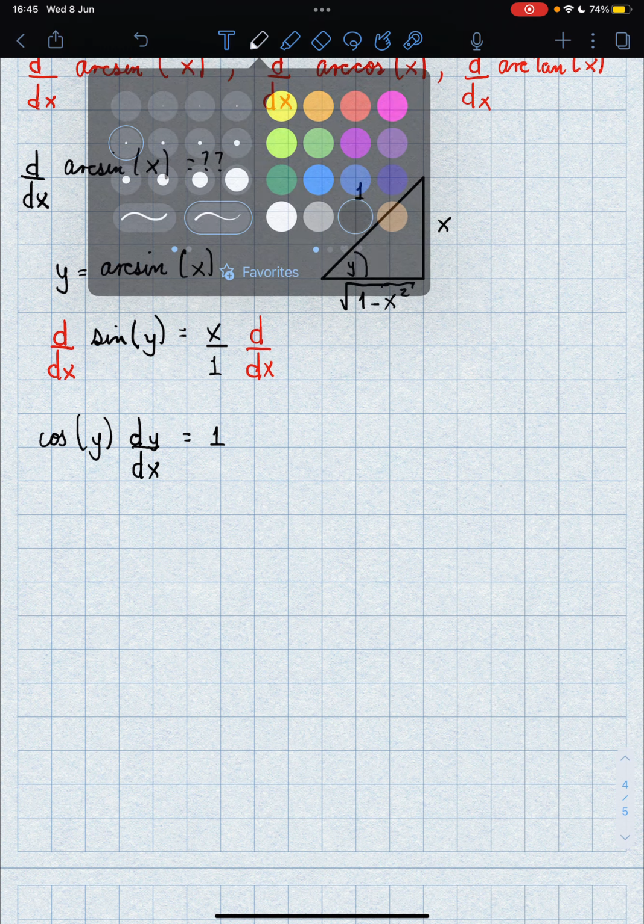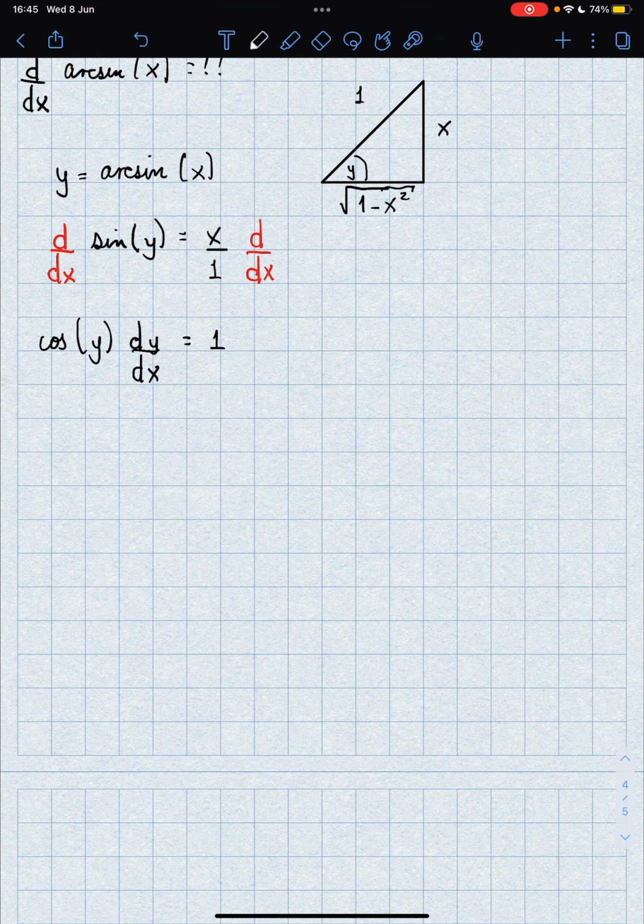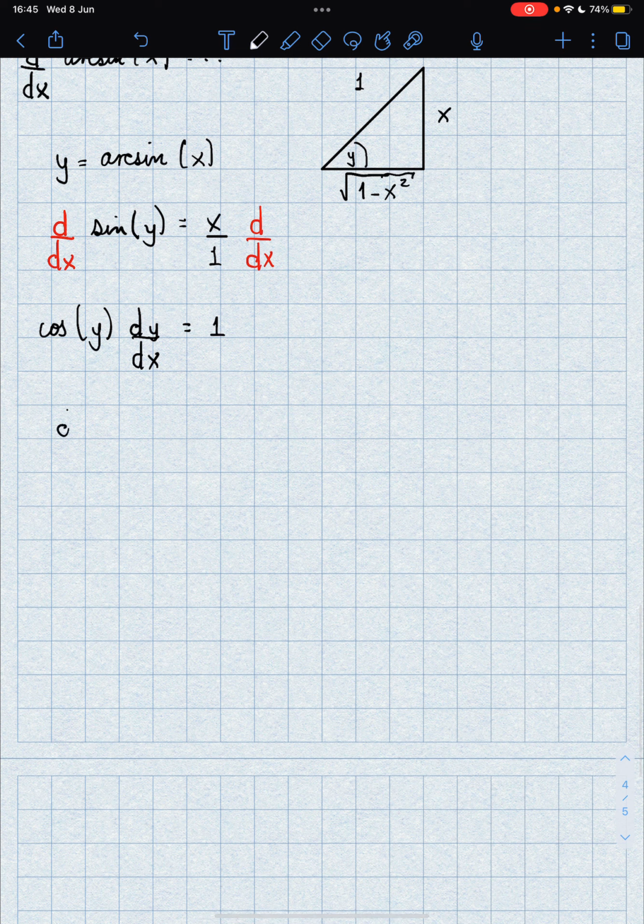Now that we have this, we should have only dy/dx. dy/dx is equal to 1 over cosine of y. And oh, surprise! What is cosine of y? Cosine of y is this one, and at the end we're gonna have square root of 1 minus x squared.